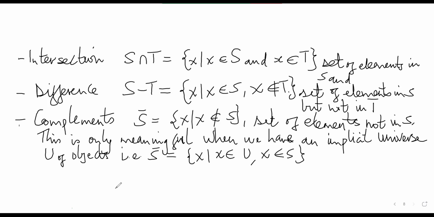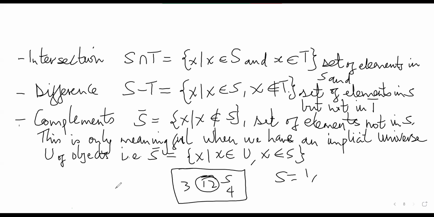So universe means the whole set. You normally have the whole set. If you have S, and you have 1, 2, and you have 3, 4, so S is equal to 1, 2, the elements in S. So the complement of S will be equal to elements not in S, which are 3, 4.